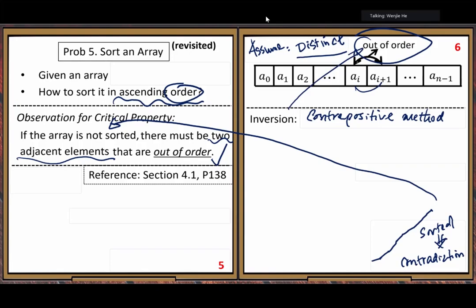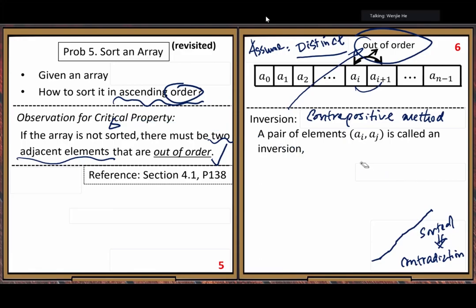So we want to introduce a new concept called the inversion concept, to study this out of order phenomenon. What is an inversion? A pair of elements, A sub i and A sub j. Here we do not require them to be adjacent. i and j could be any subscripts.